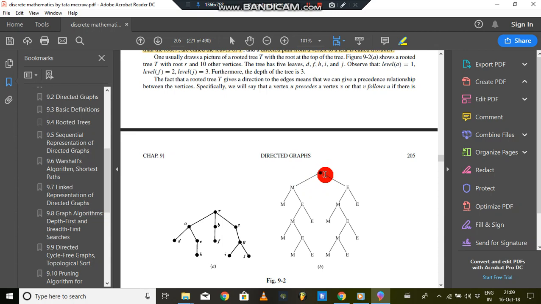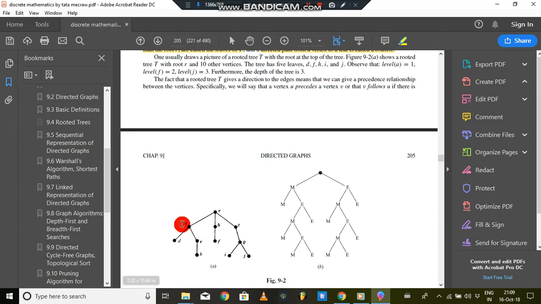The tree has 5 leaves: D, F, H, I, J. Observe the level of A equals 1. This is the root R, and what is the level of A?